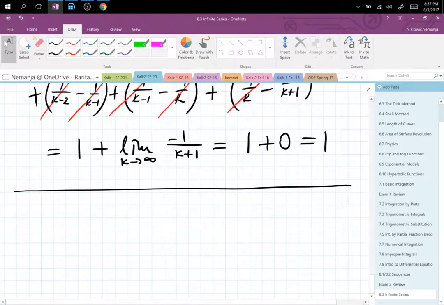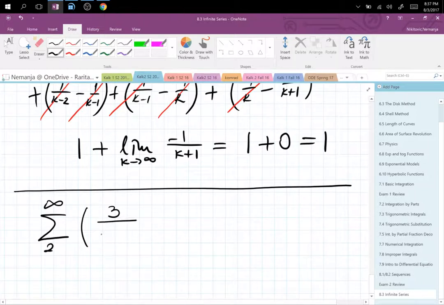I'll make up one more before we drop the, how about summation 2 to infinity of 3 over n minus 1 minus 3 over n plus 2.